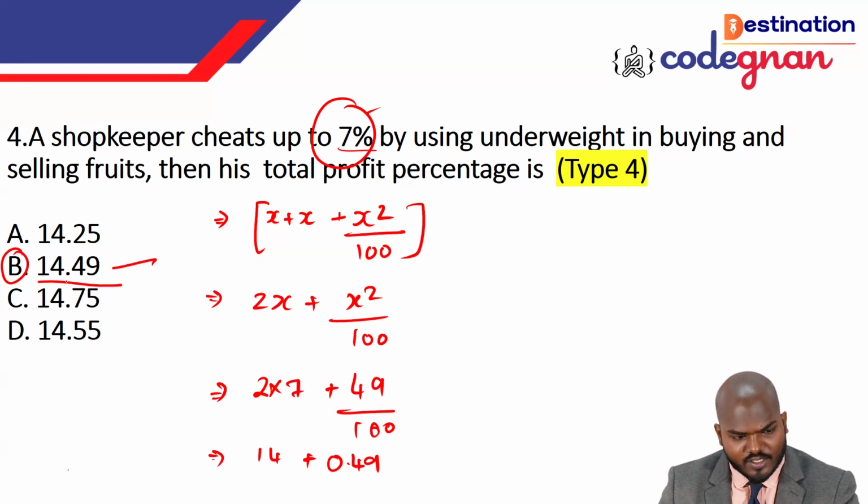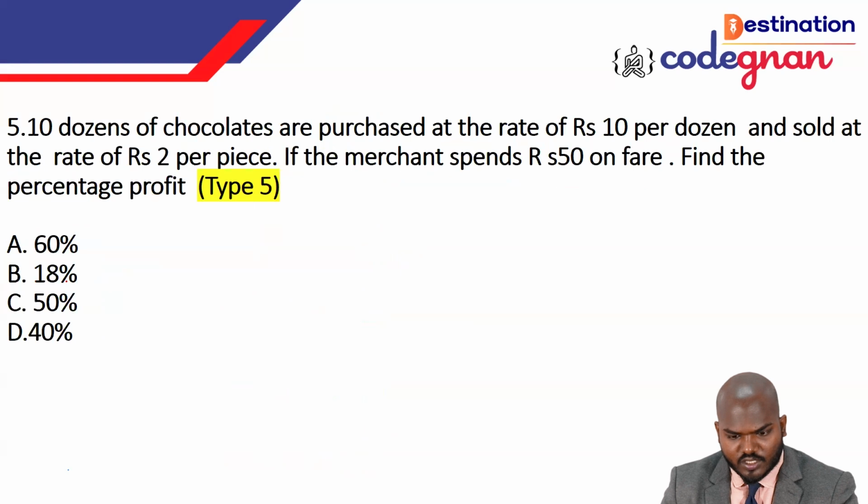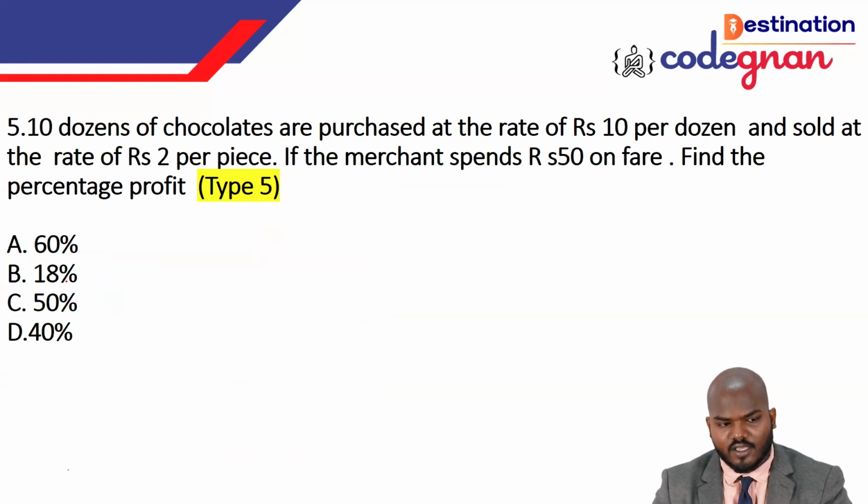I'll move to the next question, that is with respect to the chocolates. It is a type 5 question. You must focus very clearly on how this particular question is dealt with. This question is a little bit complex. 10 dozen of the chocolates are purchased at the rate of 10 rupees per dozen, and sold at 2 rupees per piece.